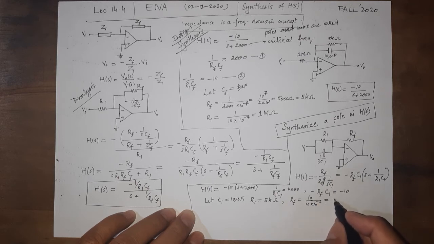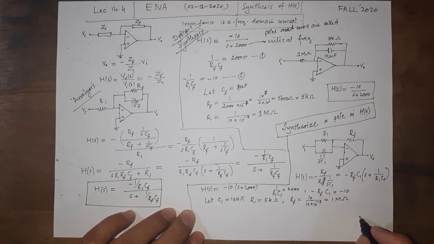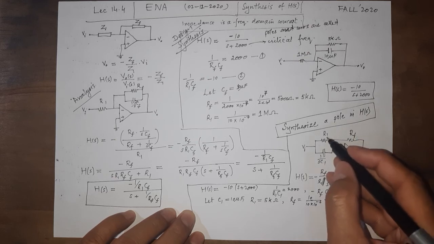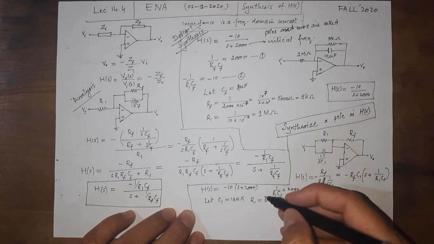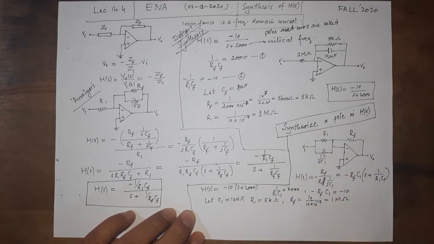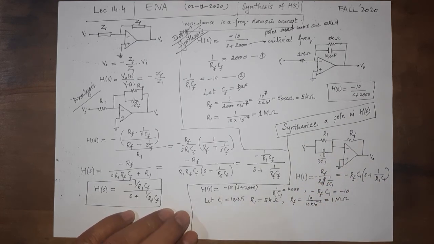And we are going to get the same 1 mega ohm resistance. So this circuit with RF equal to 1 mega ohm, R1 equal to 5 kilo ohm and C1 equal to 10 microfarad is going to give us this transfer function.